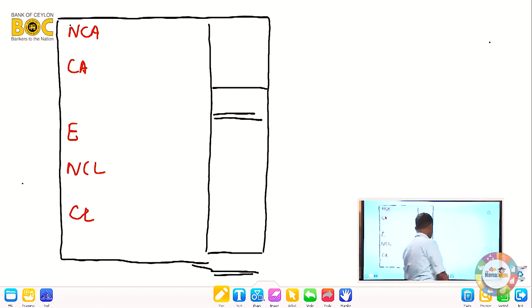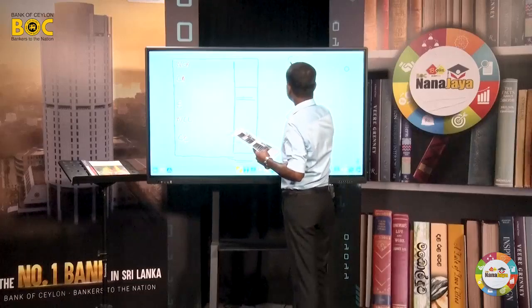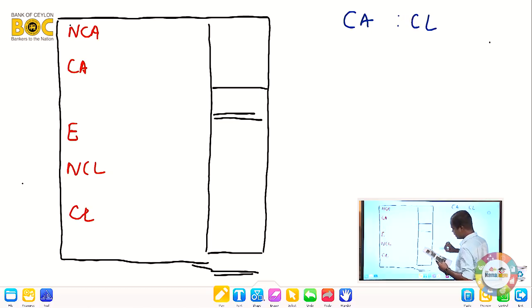We'll go back to the information given. The relationship between current assets and current liabilities is 5:4.